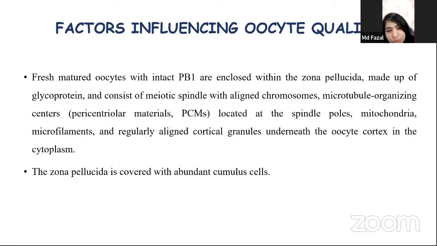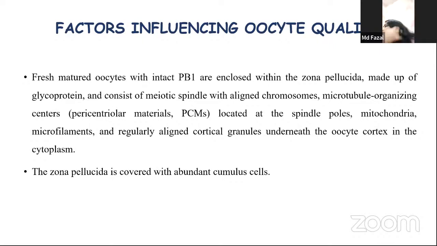Along with the glycoproteins, it also contains meiotic spindles, and the meiotic spindle needs to be aligned with the chromosomes and the microtubular lining, along with the plasma cell membrane located at the spindle poles.